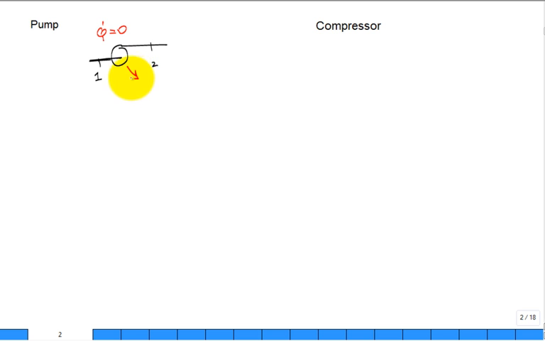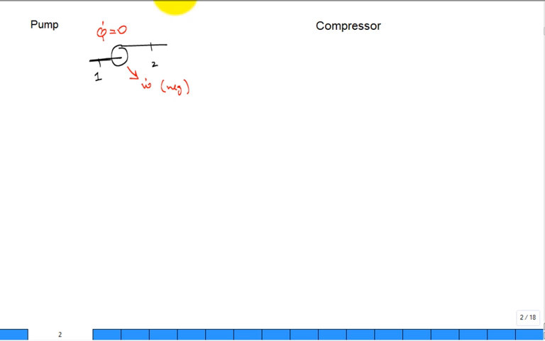And we're going to draw W dot coming out of the pump, but we know that that term is negative. A pump is not a work-producing device, it's a work-consuming device, but we're just going to work with it as W dot positive out, hence it'll be a negative into the pump.